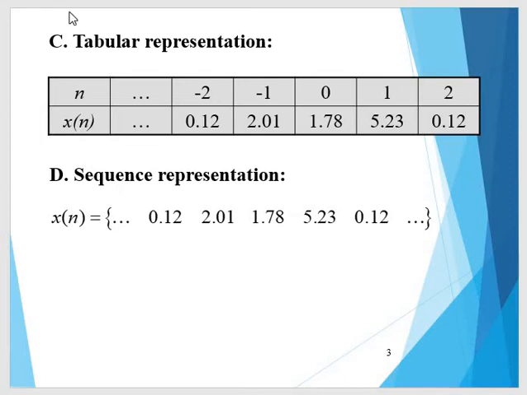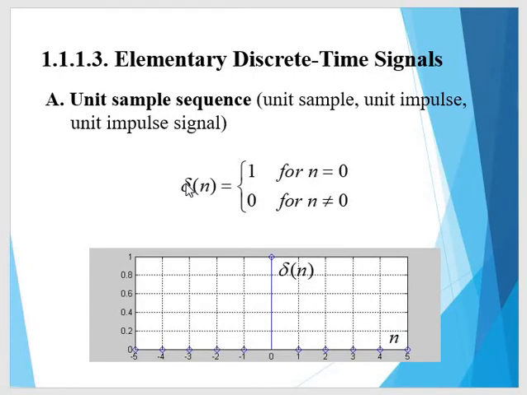Okay, so the very first or initial signal that comes is the unit impulse signal, or sometimes it is termed as the unit sample sequence. It is normally termed as the unit impulse signal or unit impulse. It is given as delta n. Unit impulse is given as delta n.